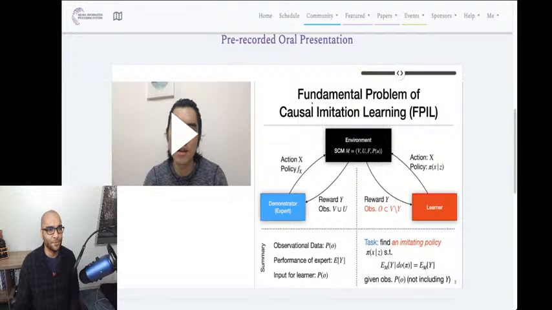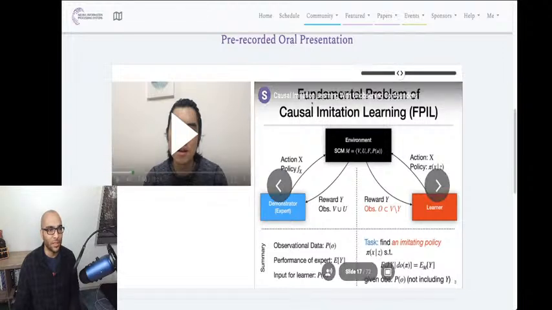See, this notation is confusing. This makes it look like the outcome y is independent of the actual policy.